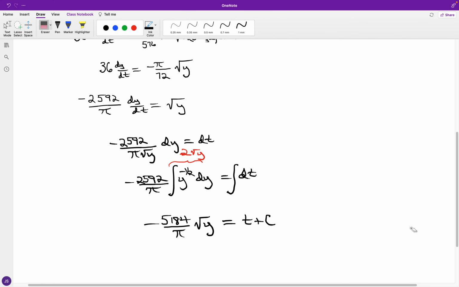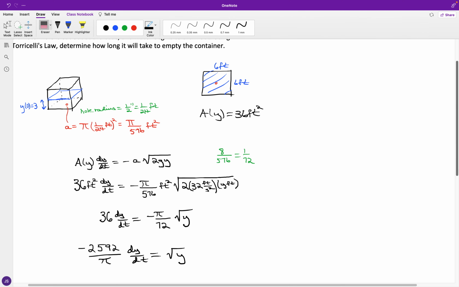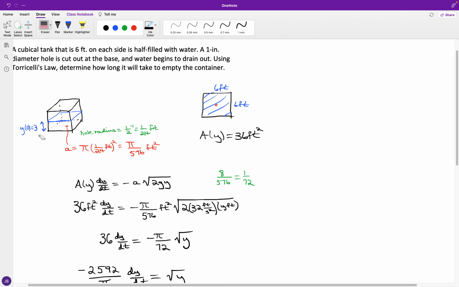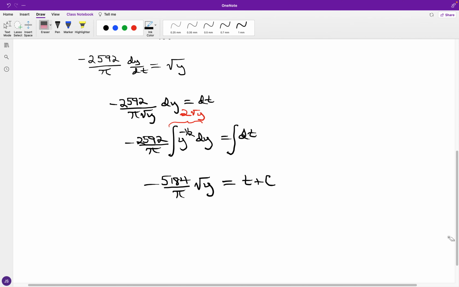And establishing things, again we have that at time 0, the water level is going to be at 3 feet.